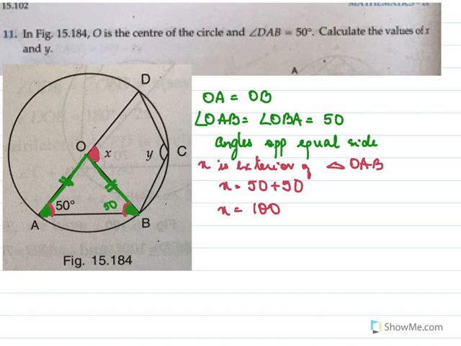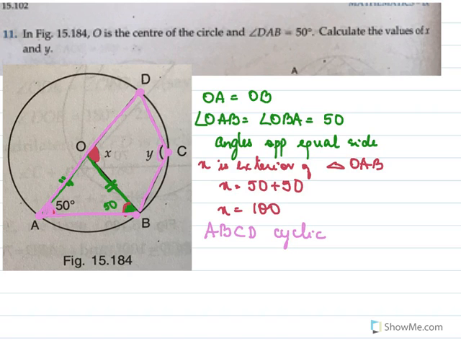Now for the third part, we can spot a cyclic quadrilateral. ABCD is cyclic, and when it is cyclic we have opposite angles adding to 180.